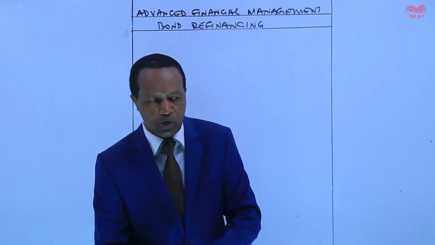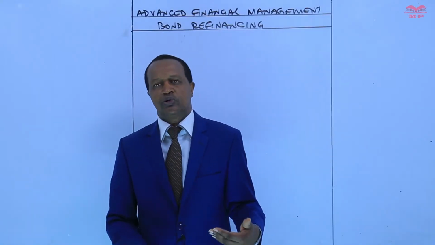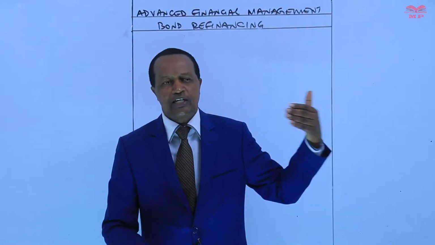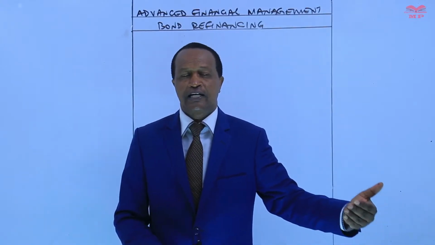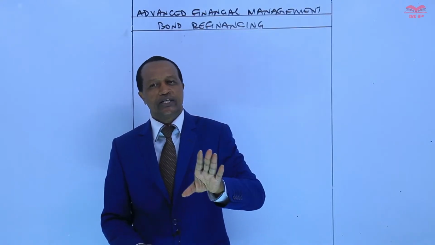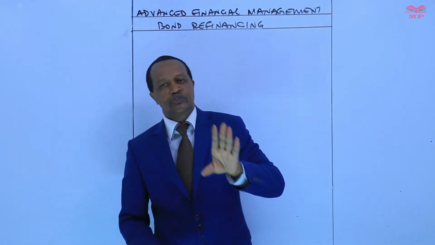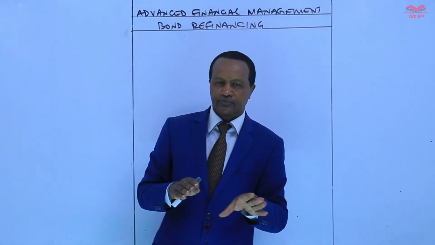The primary goal is usually to reduce the company's interest expenses, because companies that issue bonds are required to pay interest on the bonds. And this is often done when interest rates have fallen since the original bonds were issued.